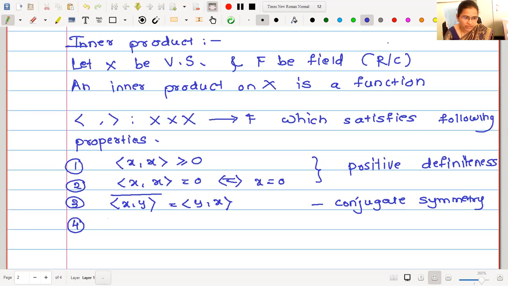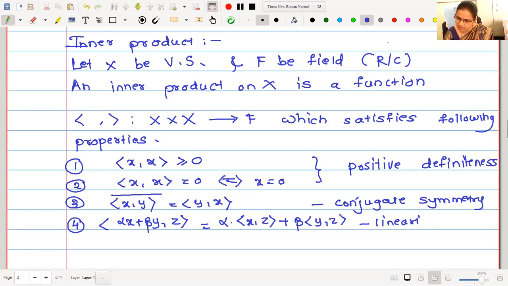The fourth property: inner product of alpha X plus beta Y with Z is defined as alpha times inner product of X with Z plus beta times inner product of Y with Z. This property is known as linearity in the first variable, or first coordinate.